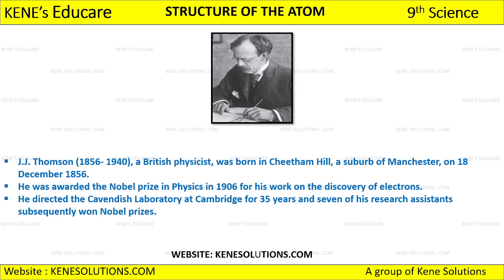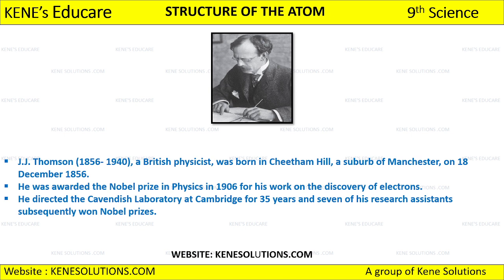So here we studied who exactly J.J. Thomson was. J.J. Thomson was born on 18th December 1856, and he died in 1940, right? He was a British physicist who was born in Chatham Hill, a suburb of Manchester, and he was awarded the Nobel Prize in Physics in 1906 for his work on the discovery of electrons.